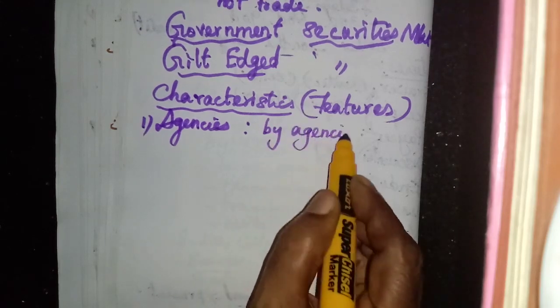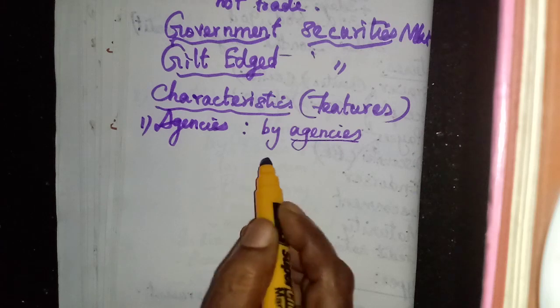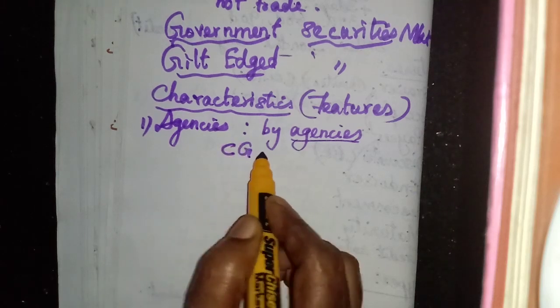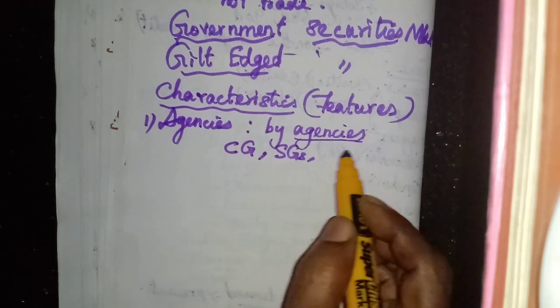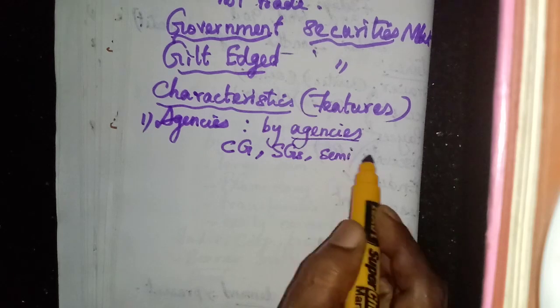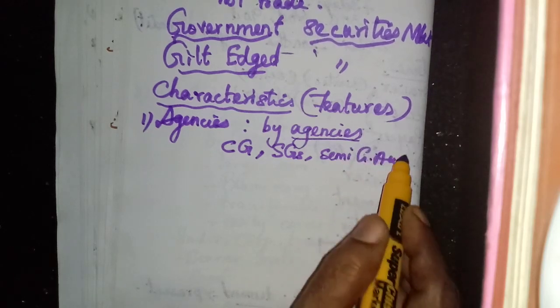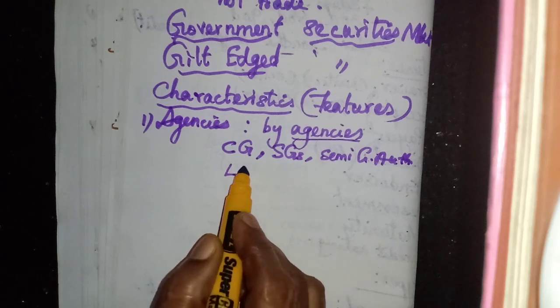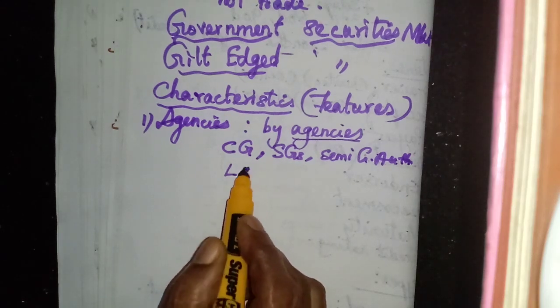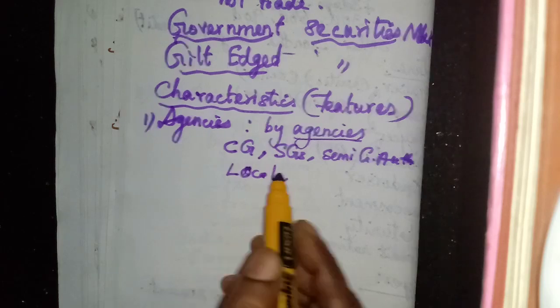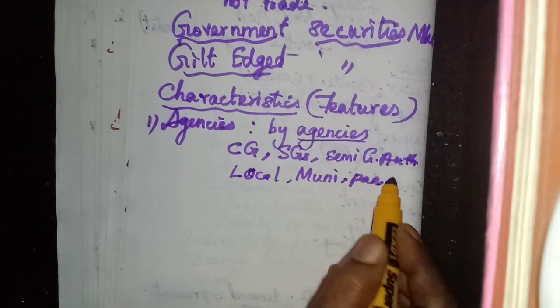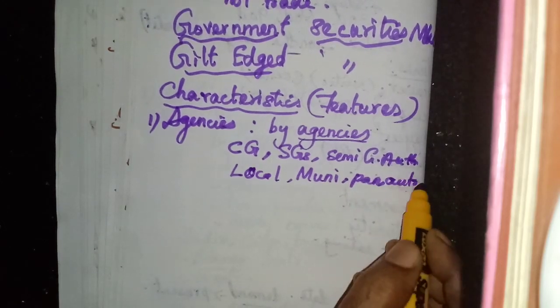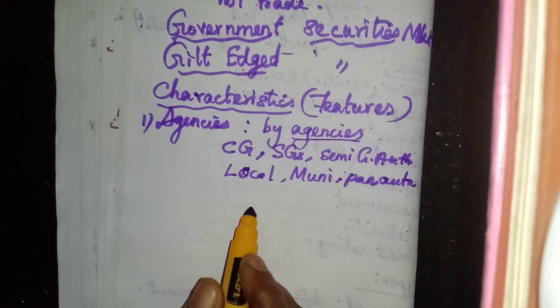Now we will see who these agencies are. They may be the central government, then all state governments in India, or semi-government authorities, that is, local self-government authorities such as municipalities and panchayats, then any autonomous institution, or metropolitan authorities or port trusts.